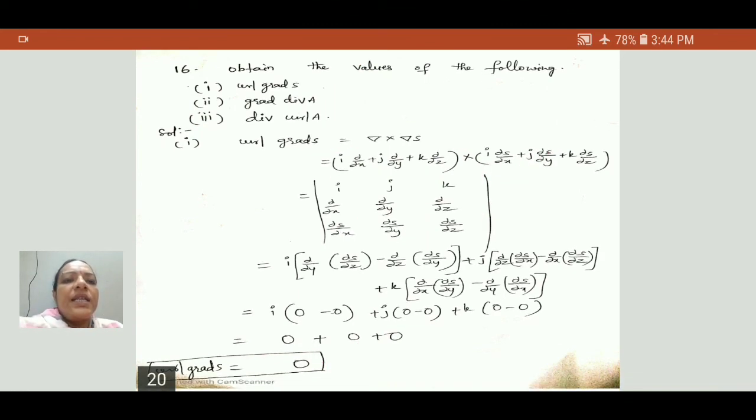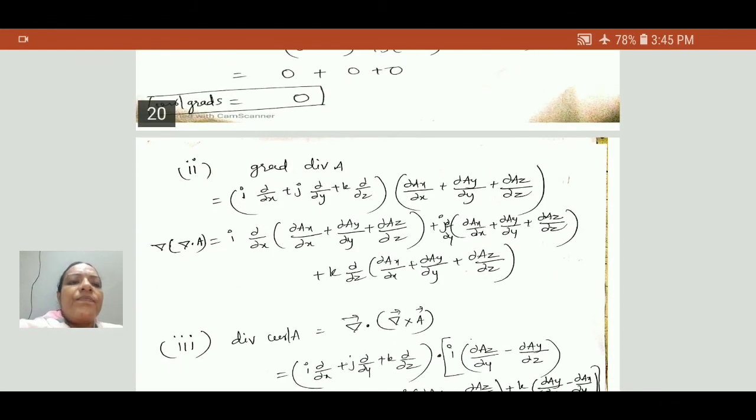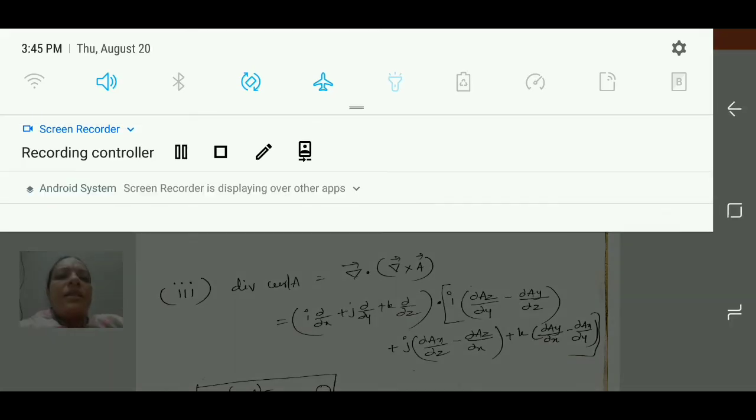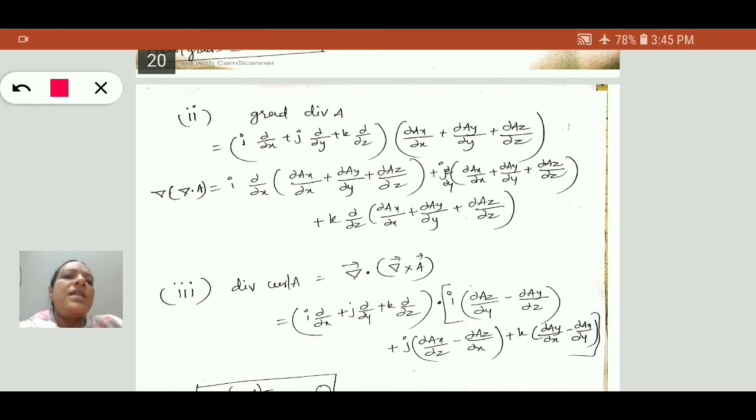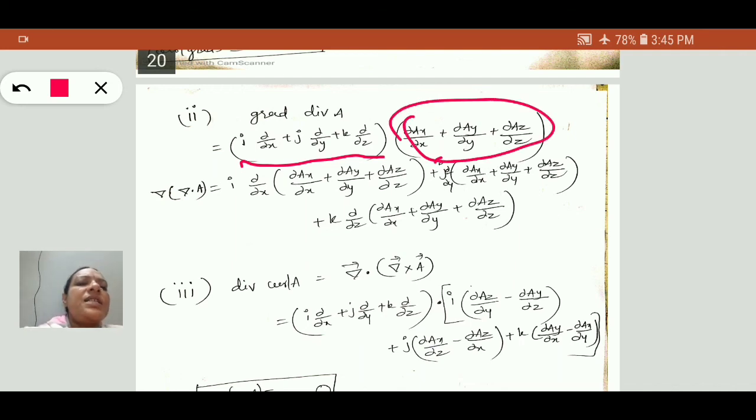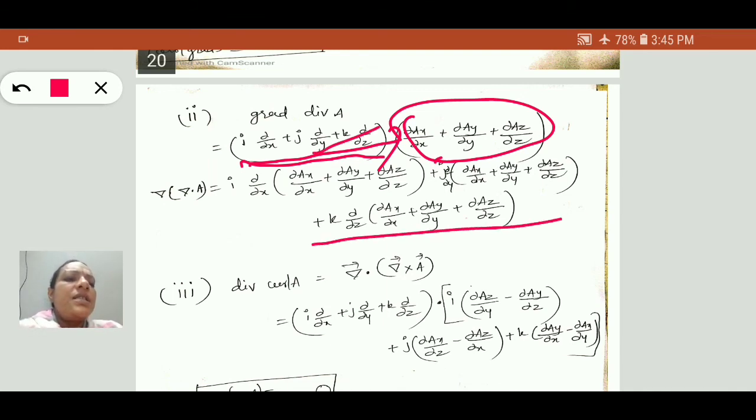Next, second, the gradient of divergence A. First, divergence A is nothing but dou Ax by dou x plus dou Ay by dou y plus dou Az by dou z. On this, operate the gradient: i dou by dou x, j dou by dou y plus k dou by dou z.